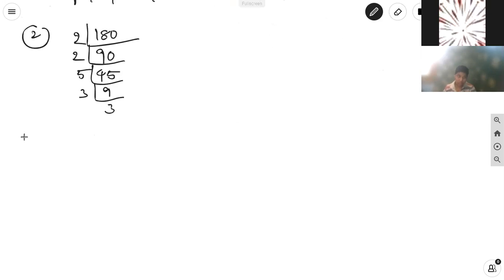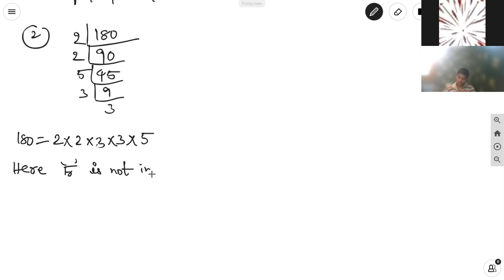Here clearly 180 is 2 into 2 into 3 into 3 into 5. Here 5 is not in pair. Therefore, smallest whole number is equal to 5.